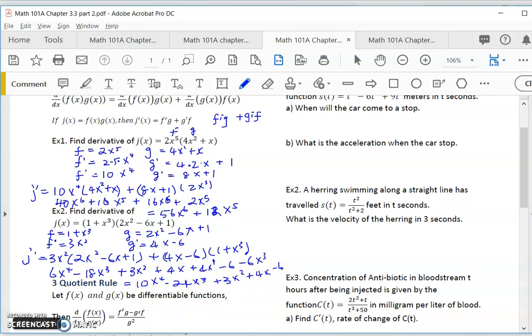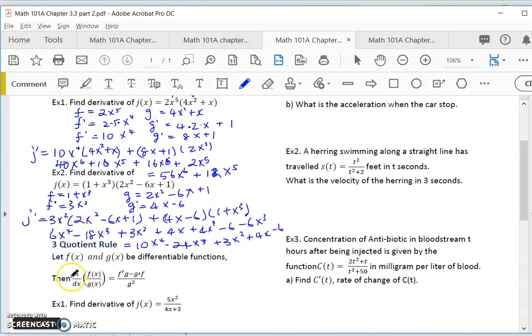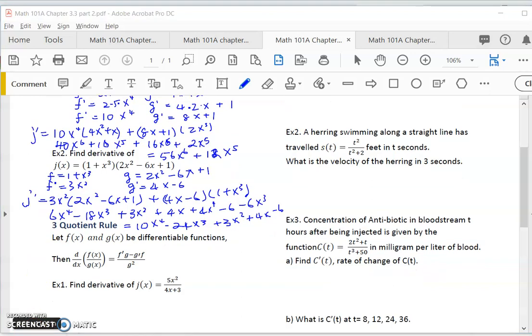Okay. Then the next is quotient rule. So next we continue to do quotient rule, which is when we have the original function being a quotient of two functions, f over g. And then the rule to do it is f prime g, but not plus g prime f, but minus.